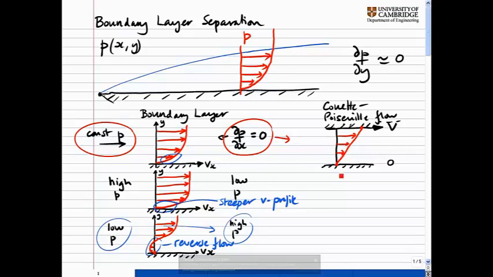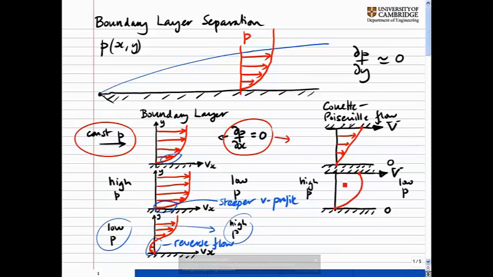It's not quite the same as a boundary layer, remember, because the boundary conditions at the top are different, although the boundary condition at the bottom of the plate is pretty much the same. Now we also looked at the case of Couette flow where we have a pressure gradient in the positive x direction. So the top plate's still moving at velocity v, the bottom plate's still stationary, and we have a high pressure on the left and a low pressure on the right, and now we put in the bottom velocity, it's 0, the top velocity again is v, but now we have a parabolic velocity profile between the two that looks something like this.